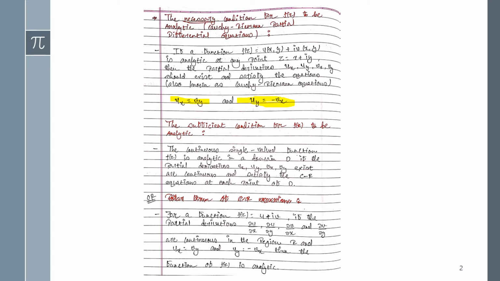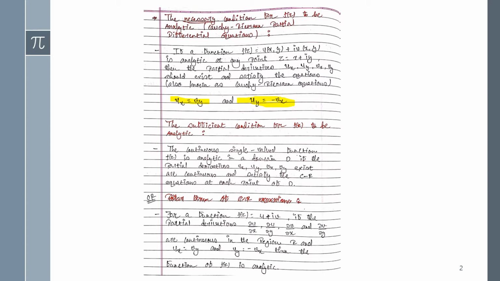So these two equations must be satisfied, and these equations are known as CR equations, or we can call them Cauchy-Riemann equations, okay? And this one in particular we will do for the examples. So this is the definition of an analytic function.